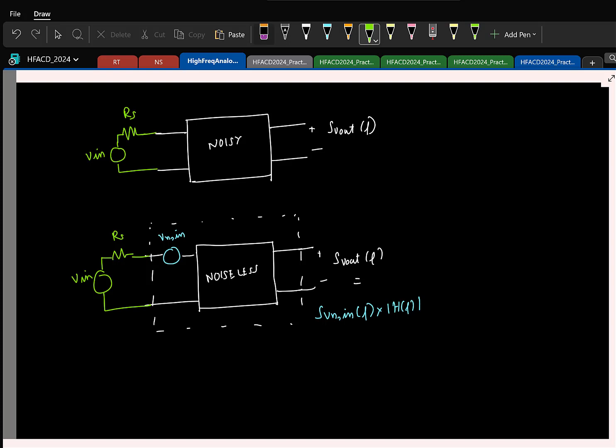So now if you try to find the noise, you again assume the input to be 0. So I'll basically show Rs here. See, earlier when I didn't have Rs, whatever noise voltage was there was directly appearing at the input of my network, and that was giving the noise.